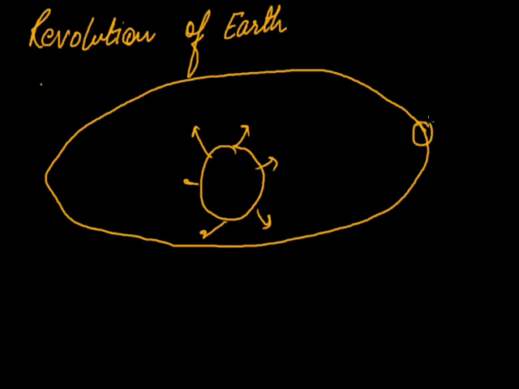When our Earth, the beautiful planet, revolves around the Sun in this nearly circular but actually slightly elliptical orbit, and completes one complete motion around the Sun, we call it the revolution of Earth. All planets revolve around the Sun, and that's why they come into the family of the Sun.